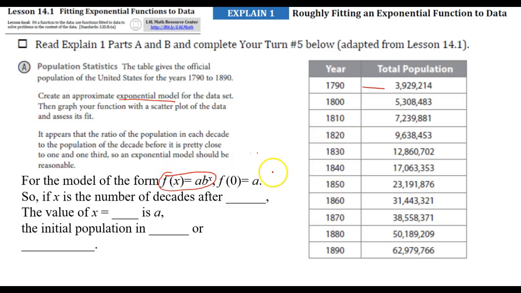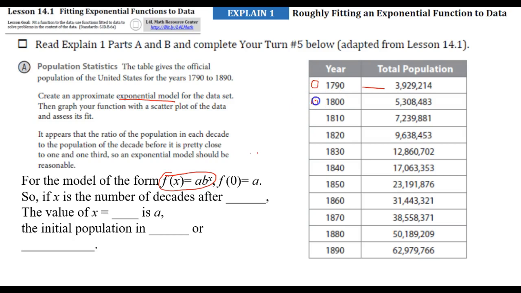So the first thing we're going to do is you'll notice that we don't have a zero value in our years. We actually start with 1790. So what we're going to do is rewrite some of these x values. Imagine 1790 is the beginning, so it's going to be about 0. And the next term, since it's 1790 to 1800, it's about a 10-year difference.